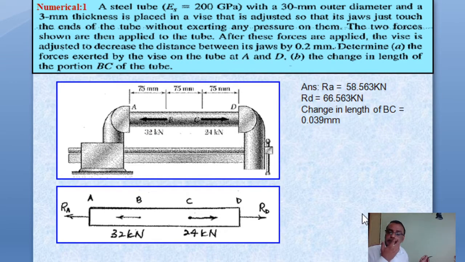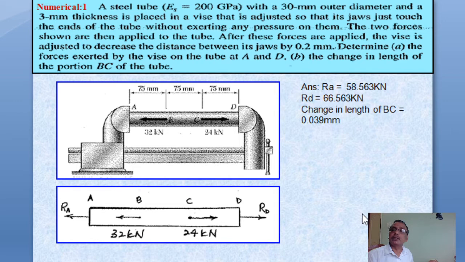So this is our first numerical. A steel tube having the modulus of elasticity 200 GPa with a 30 mm outer diameter and a 3 mm thickness is placed in a vise that is adjusted so that its jaws just touch the ends of the tube without exerting any pressure on them.